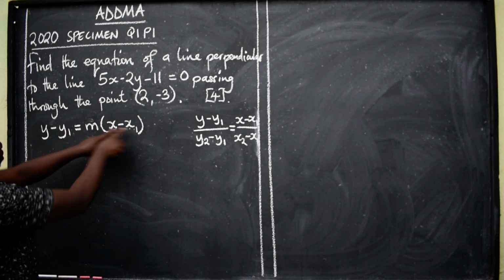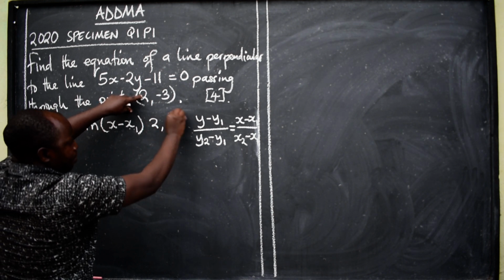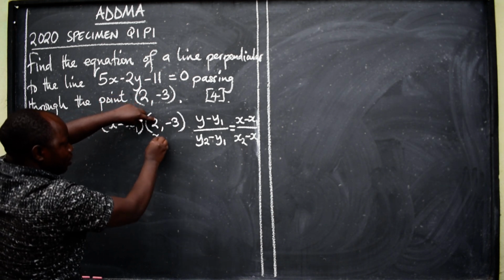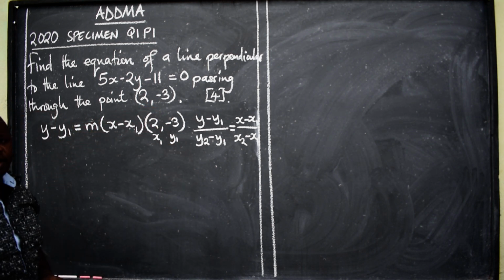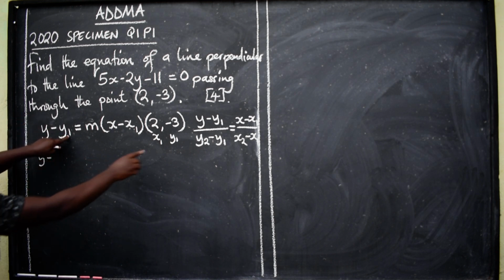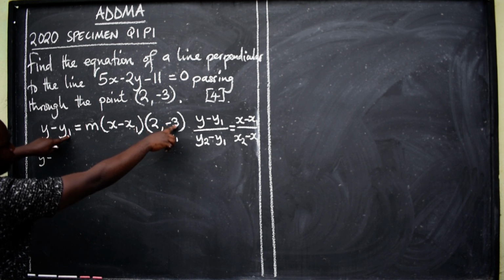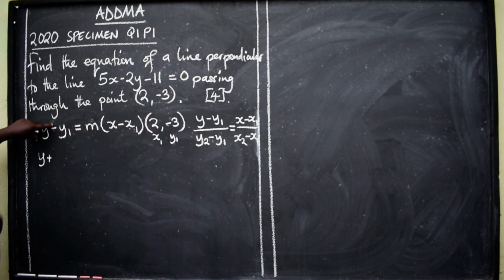Now that we know the formula that we are going to use, let's proceed. Where there is x1, y1, we have a point, (2, -3). So this one will be x1, this one will be y1. We can substitute in the formula. So we are going to say y minus, what is my y1? y1 is -3. So this minus and this negative will turn into a positive.